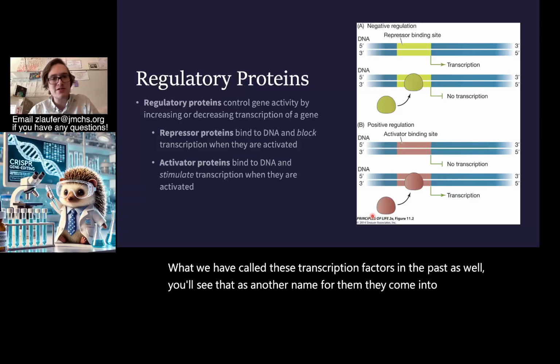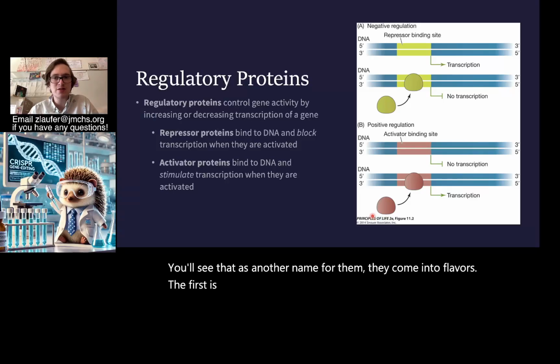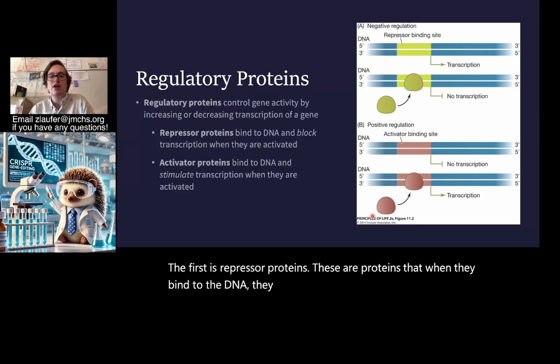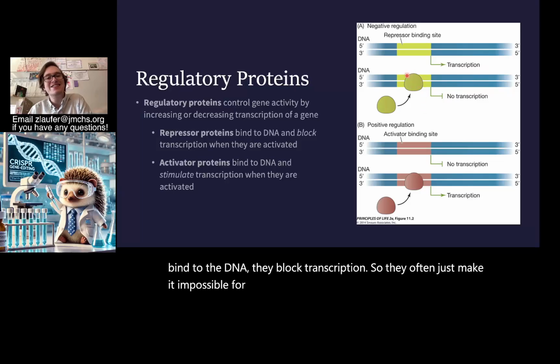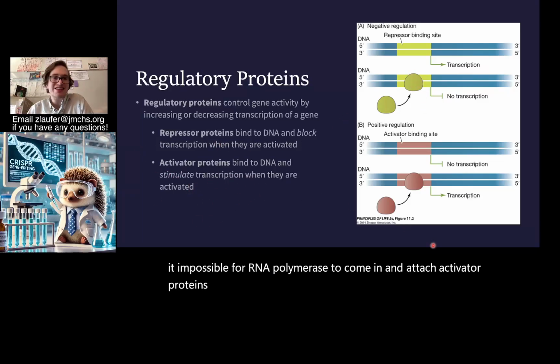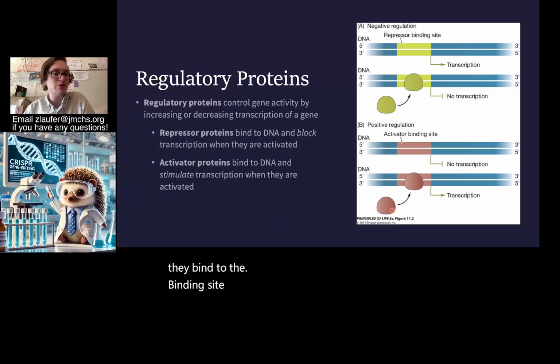The first is repressor proteins. These are proteins that when they bind to the DNA, they block transcription. So they often just make it impossible for RNA polymerase to come in and attach. Activator proteins are their other half. They stimulate transcription when they bind to the binding site, that regulatory sequence.